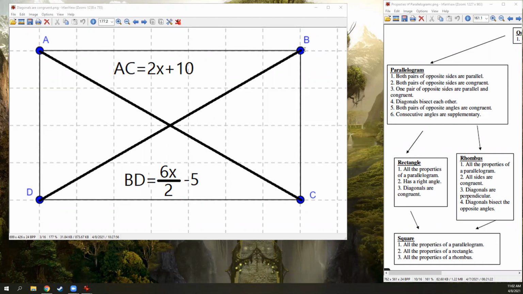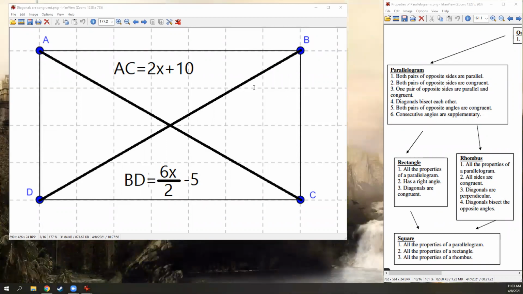The information down here says that BD, this entire line, is 6x over 2 minus 5. Oof. All right. How do we solve for x? Well, we know that the diagonals in a rectangle are congruent. It's pretty much the only special property. I like rectangle questions because they're almost always about the diagonals.